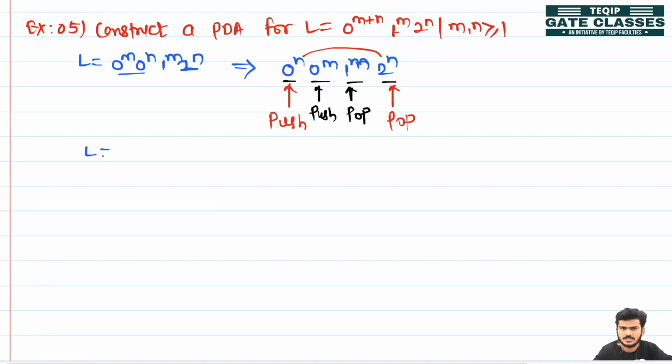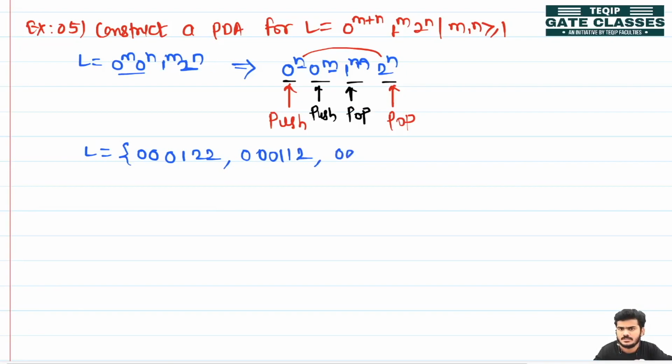We will write some strings. So strings possible, suppose this is 2 zeros when n is equal to 2, and this is 0 when m is equal to 1. This 1 becomes 1 only, and the number of 2's becomes 2. Then the next possible string, suppose n is equal to 1 and m is equal to 2, so this 1 is equal to 2 and this 2.